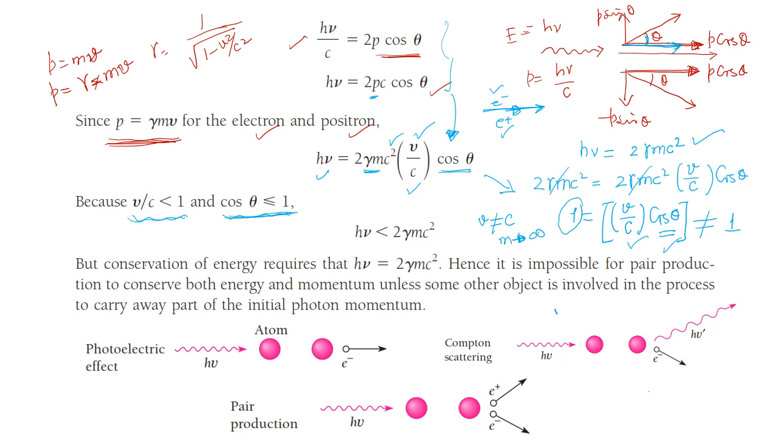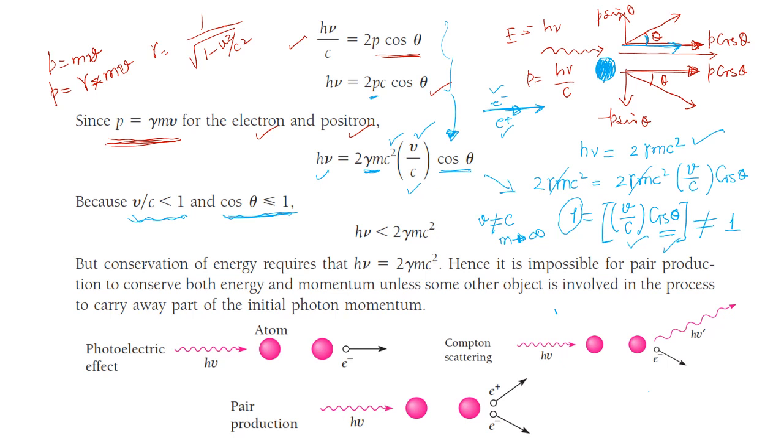So you can see that in deriving this, we have not considered the presence of the nucleus in the vicinity of the photon.